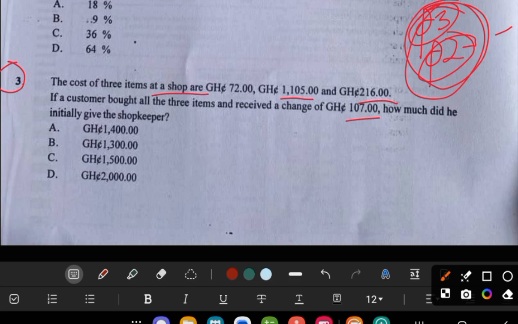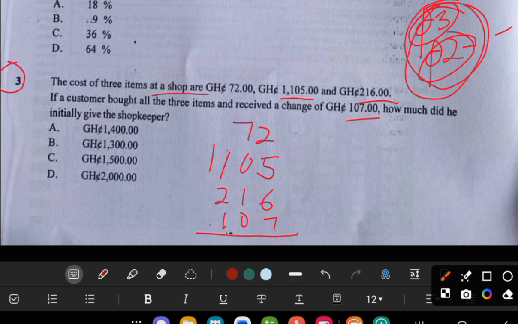Just addition. So 72, then 1,105, 216, and then the change is 107.